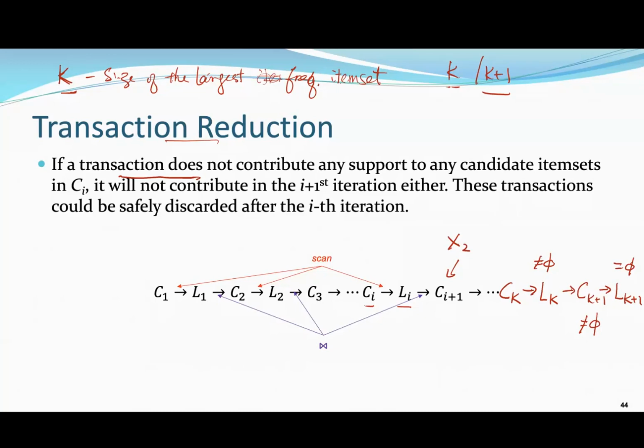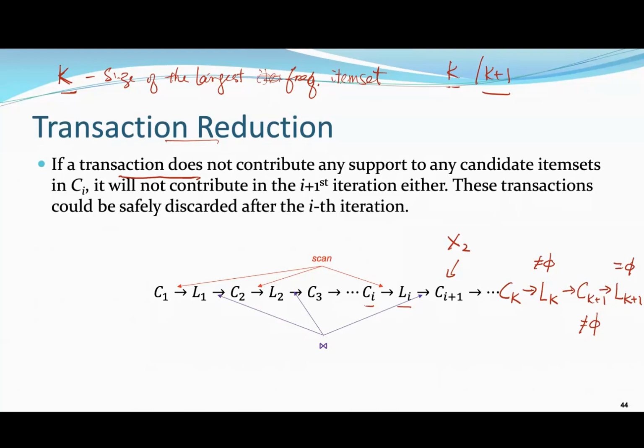But what is L_i? Well, any item set in L_i comes from C_i, right? Because L_i is just a subset of C_i. In particular, those item sets in C_i whose support counts are large enough would be put into L_i. So any item set in L_i must be in C_i as well.